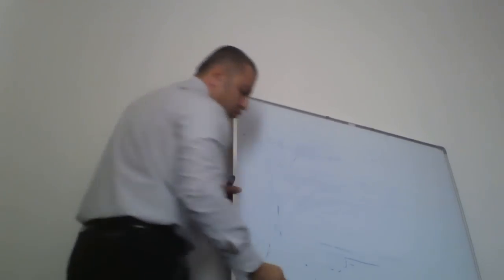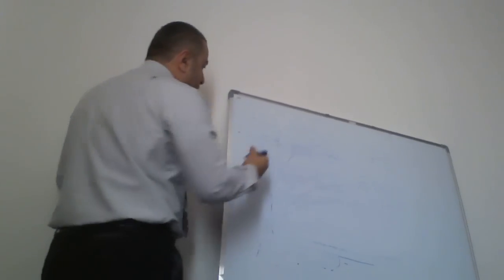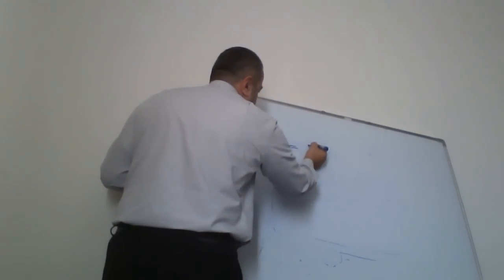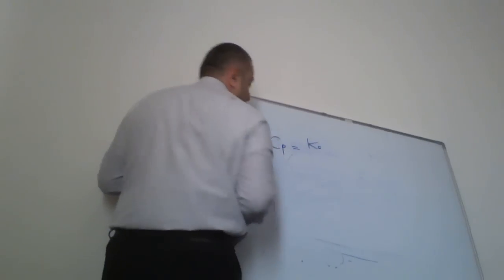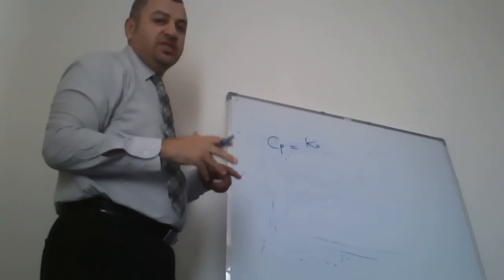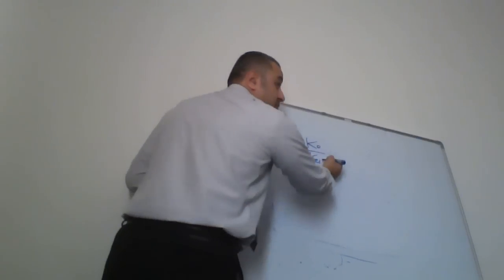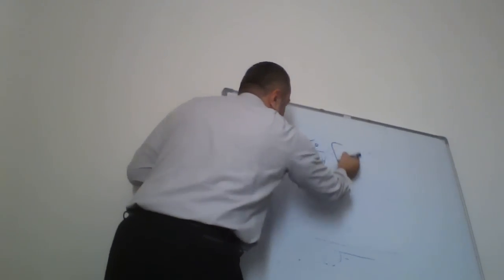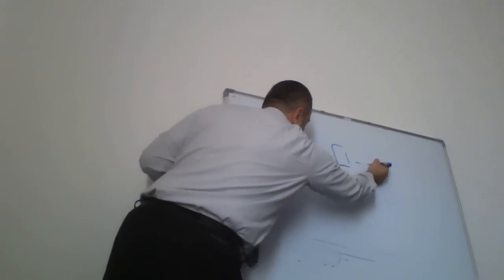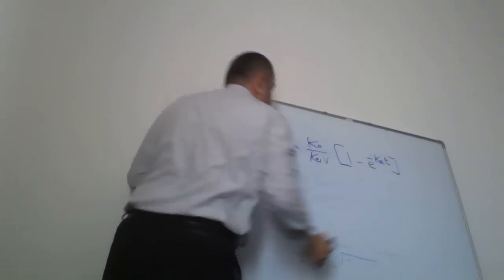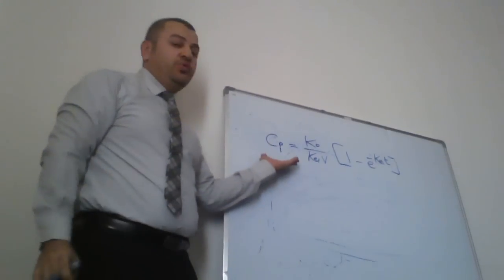So what do you do? You use the following equation, the integrated equation. Cp is equal to K0, I will not call it CPSS now, just not to confuse you, K0 divided by KL/V multiplied by 1 minus e to the power minus KL/V times t. This equation will be used for what?